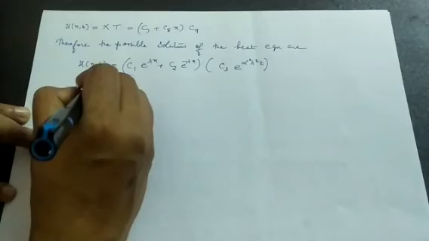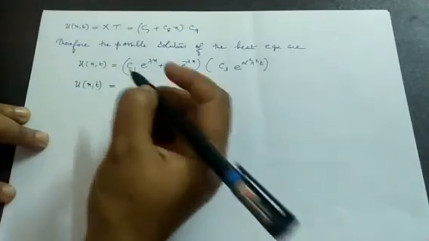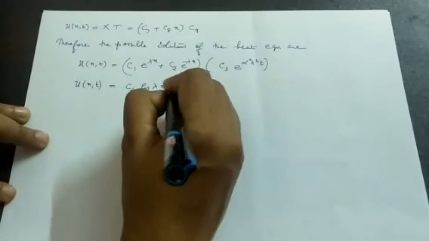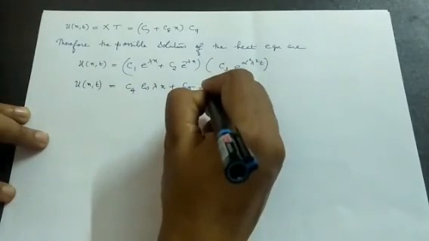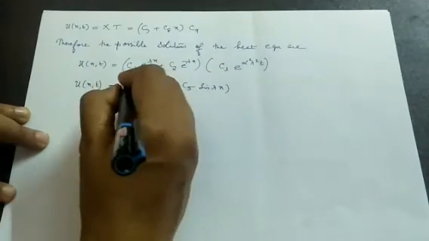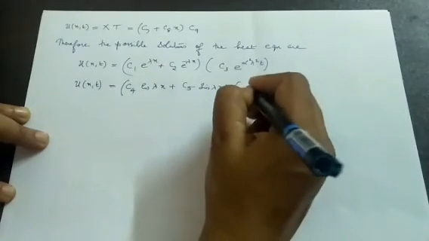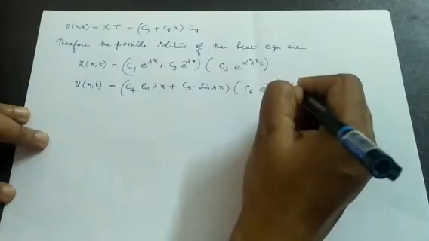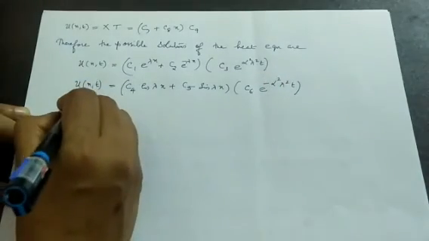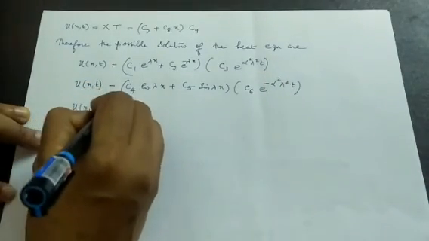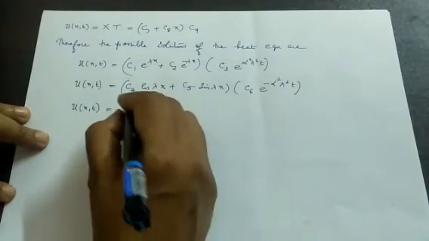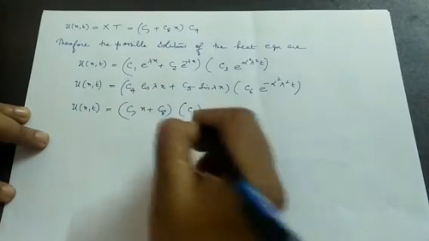Second, when k is negative, c4 cos lambda x plus c5 sin lambda x, into c6 e raised to minus alpha square lambda square t. Third, u of x t equal to c7 x plus c8 into c9.